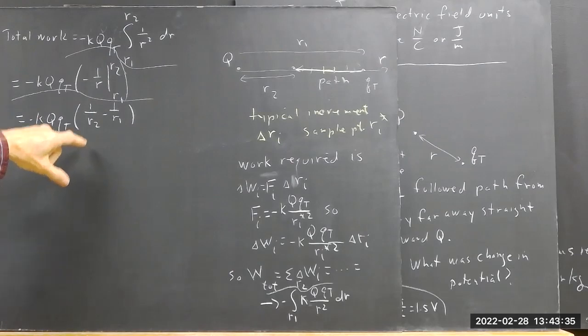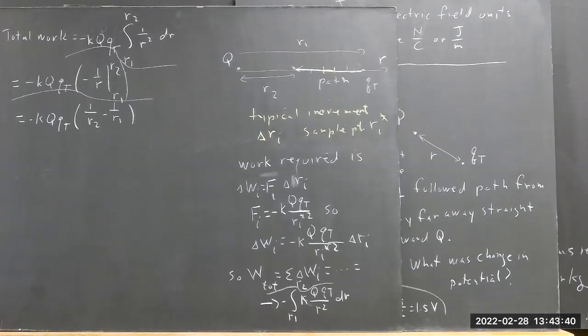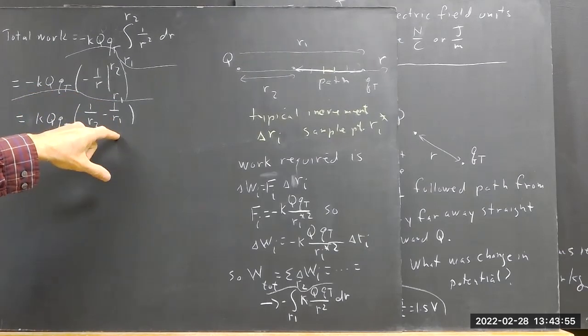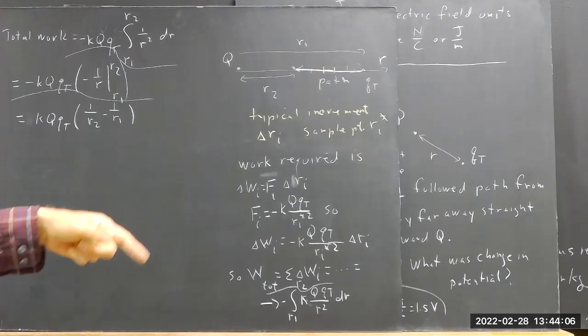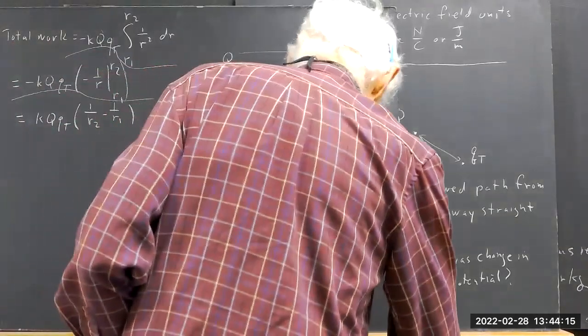And this is then going to be, well, it'll be negative 1 over R2 plus 1 over R1, changing the signs, 1 over R2 minus 1 over R1. Signs aren't agreeing. R1 to R2, negative, because it is. Got 2 negatives here.